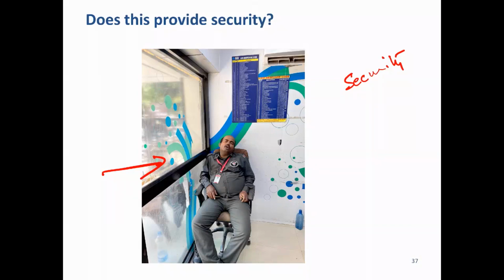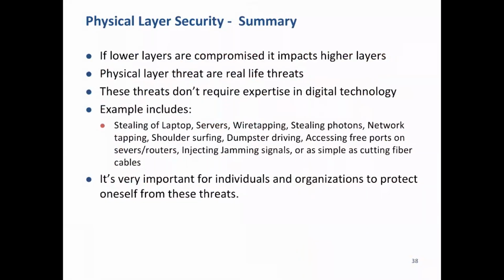If you put in front of an independent house or villa a sign saying there is a camera, you are being watched, or beware of dogs, thieves will think twice before entering your house, right? So even this kind of security helps to some degree, but not fully.